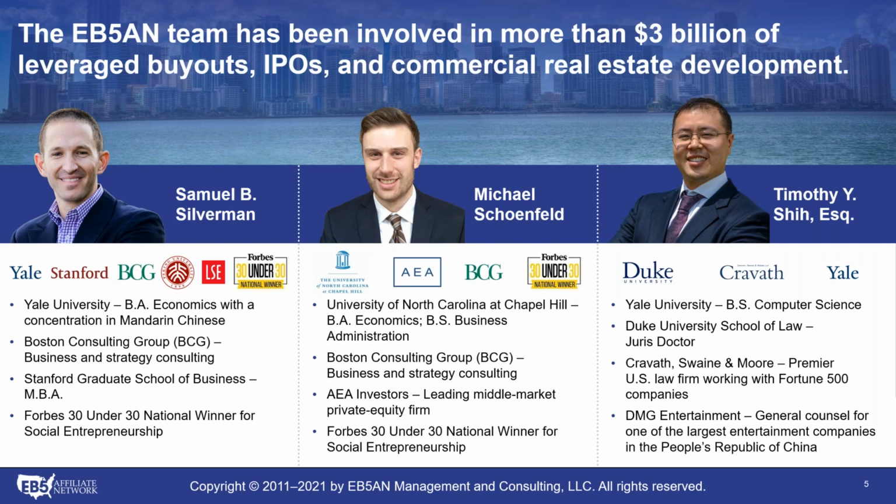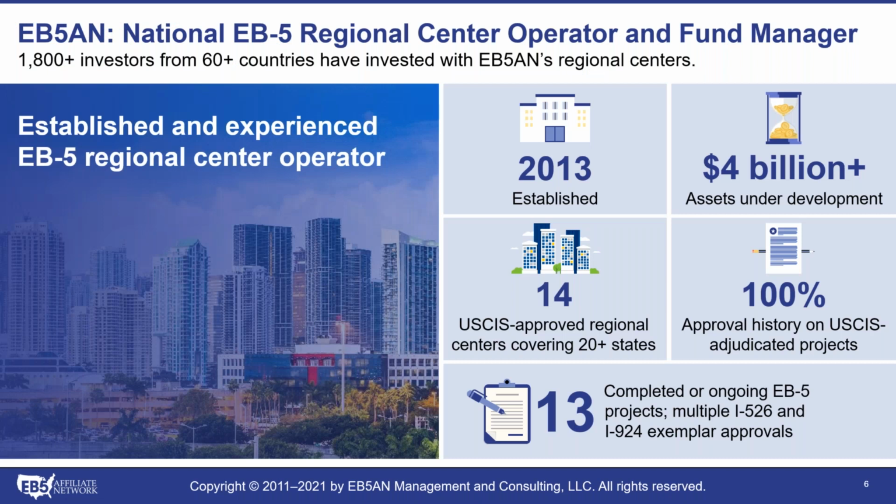Great. Thank you, Mike. So as additional background on the company, we're a regional center operator and fund manager. So we have over all of our regional centers, more than 1,800 EB-5 investors from more than 60 countries. And we've been in this space for about 8 years now.